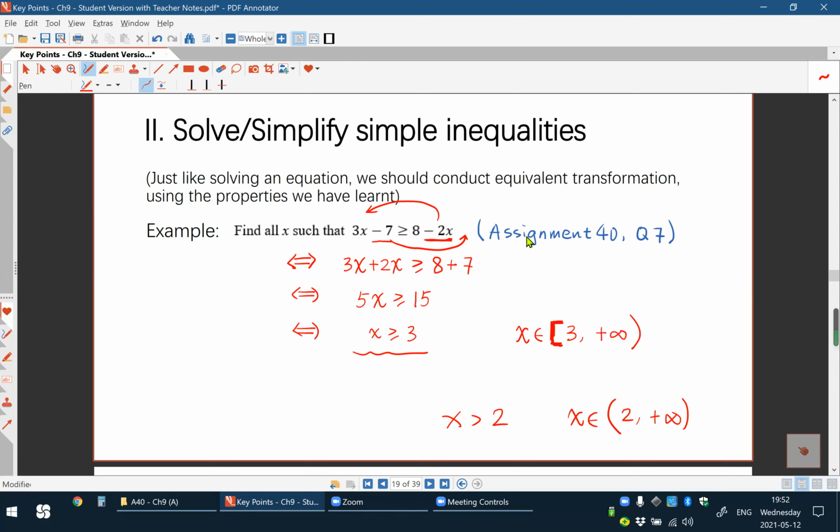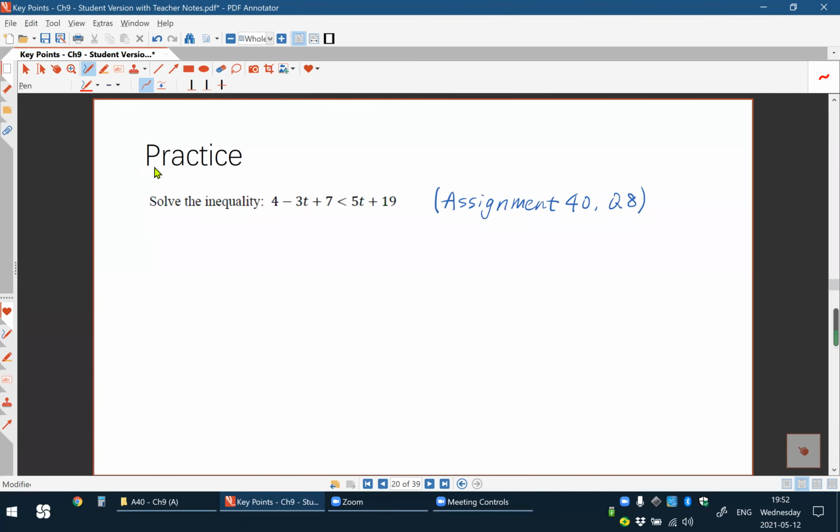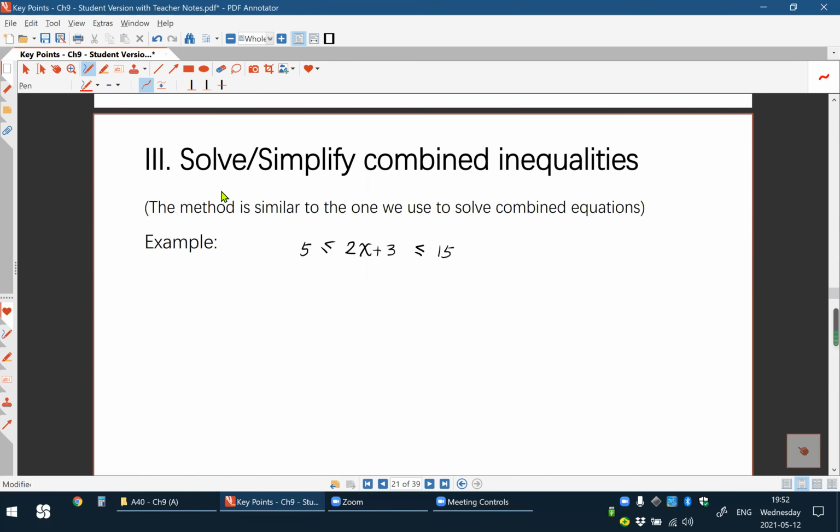No? Okay, let's see. There is a practice. I need you to, again, complete this practice after this class, right? This is actually from assignment 40, question 8. So complete that question on your worksheet after this class, okay, by yourself.